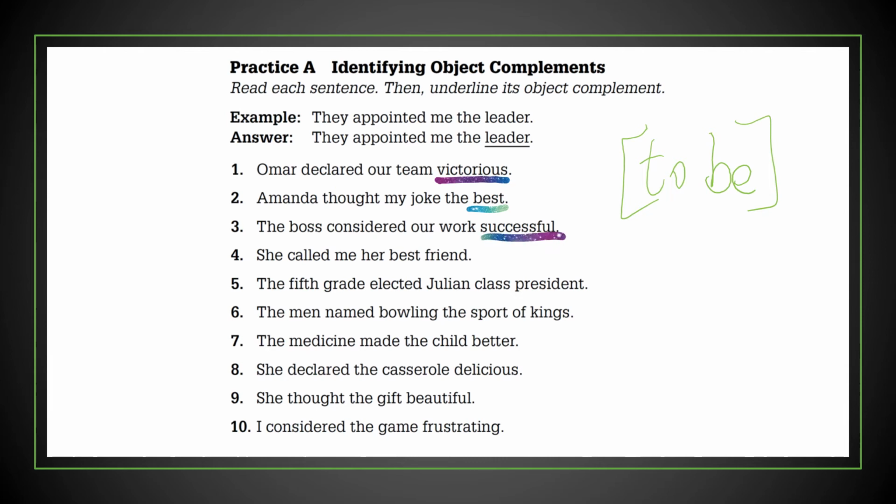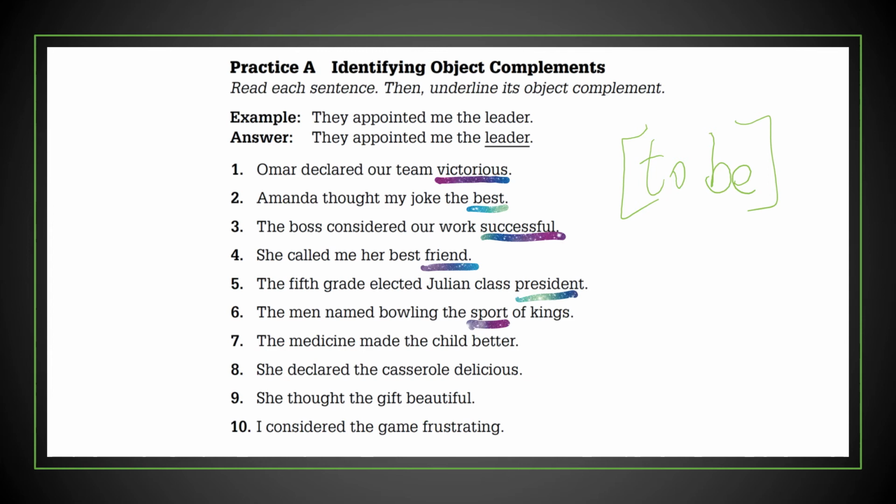Number 4, she called me her best friend. She called me to be her best friend. And number 5, the 5th grade elected Julian class president. Number 6, the man named bowling the sport of kings. So bowling to be the sport of kings.